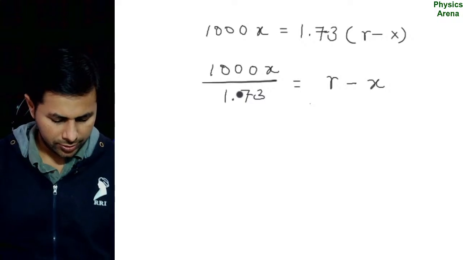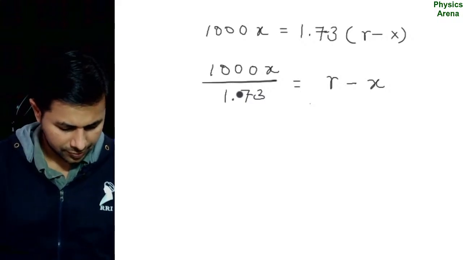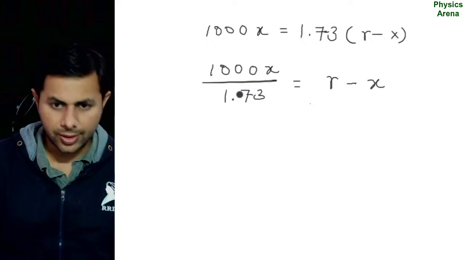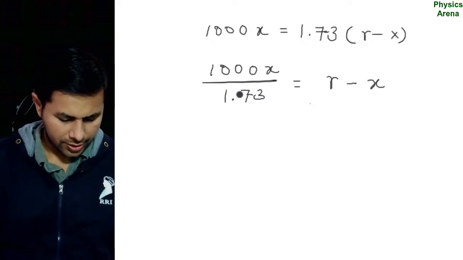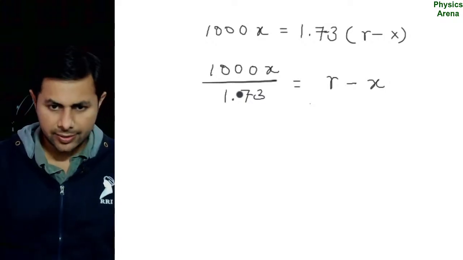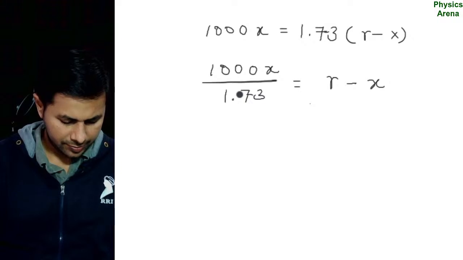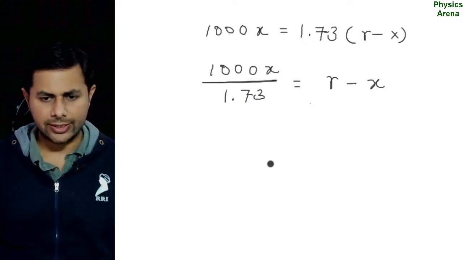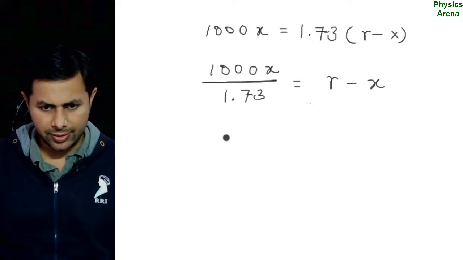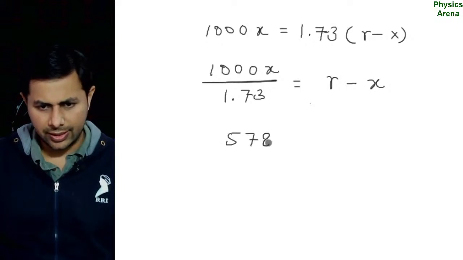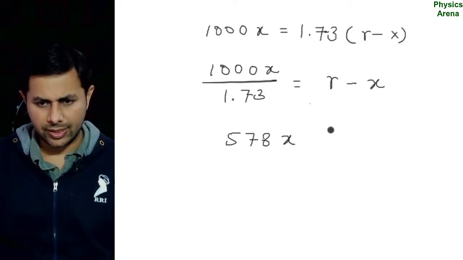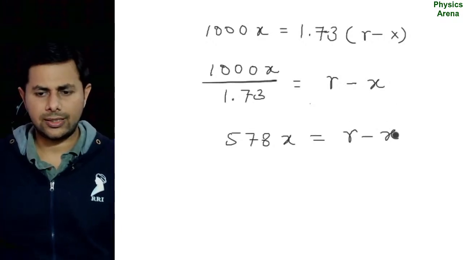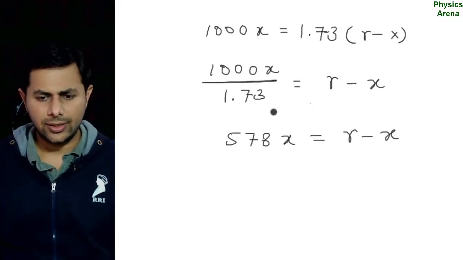So I will just use my calculator. Okay, it's 1000 divided by 1.73. So it's 578 point something. So I will just use 578 times x equals r minus x.